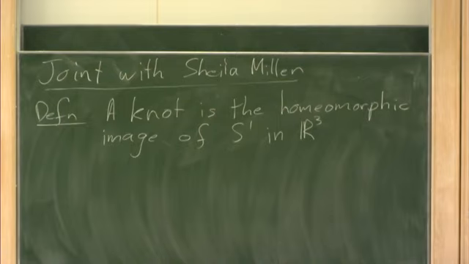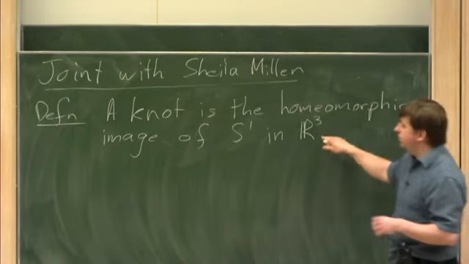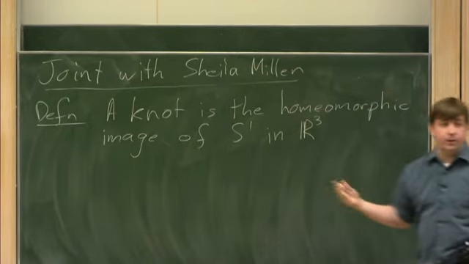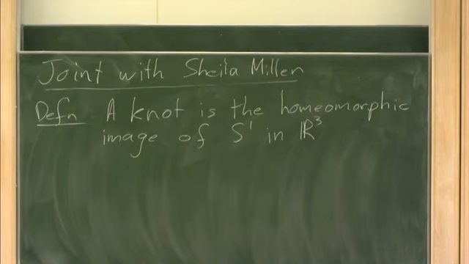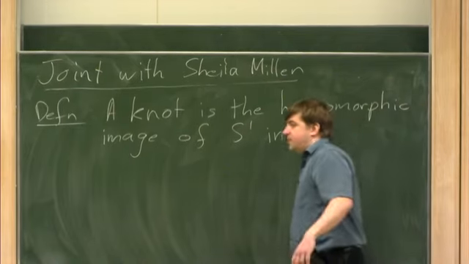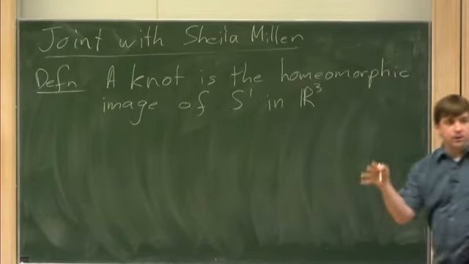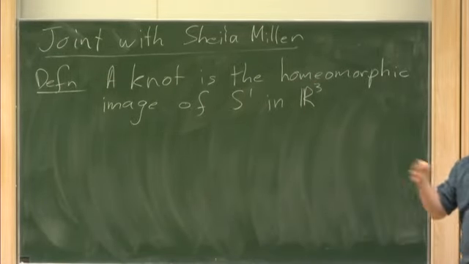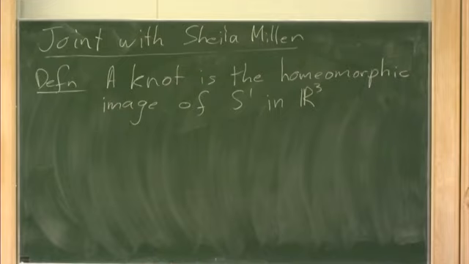Often you'll see people use the 3-sphere, its one-point compactification, instead of R3. For our purposes, it doesn't make much difference. And then, of course, there's the notion that two knots are equivalent if you can squish them around to be the same, or squish around the ambient space.